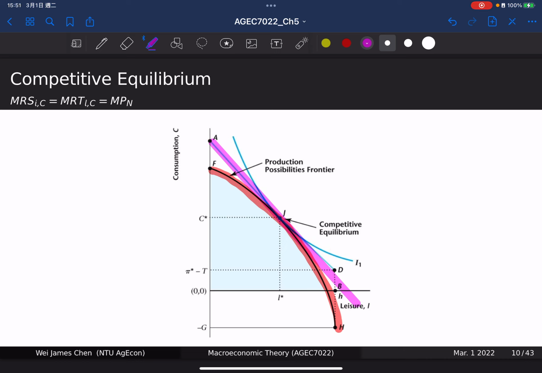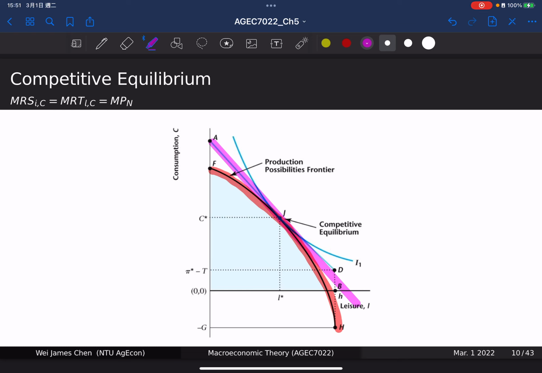The wage rate must be tangent to the PPF because wage must equal MPN. Wage must equal the MRS. Sorry, I said it wrong. It's MRS because that's more about the person's preference. Sorry, I was wrong. That's the MRT, equal to the MPN. The first thing I said was correct.